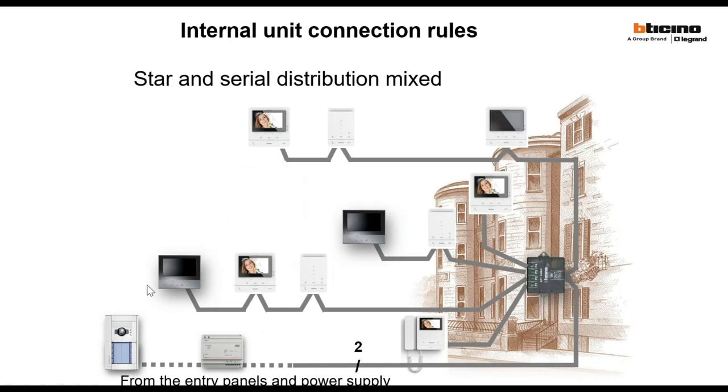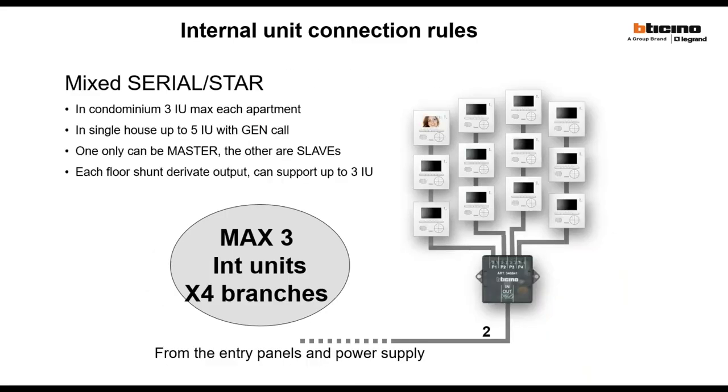For example, here you can see an apartment with 1 7-inch, 1 5-inch, and 1 hands-free. Inside the apartment, most of the time it is connected in-out. Each floor distributor can have a maximum of 3 units connected for each branch, up to a maximum of 4 branches.